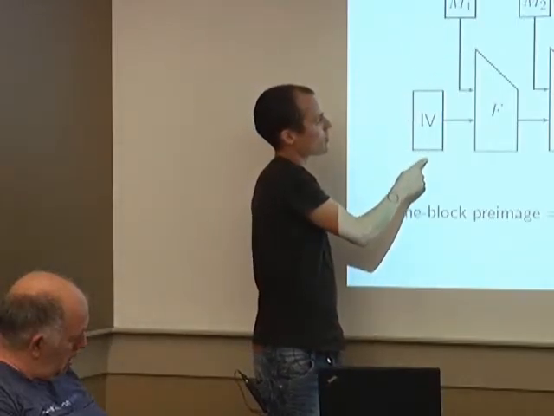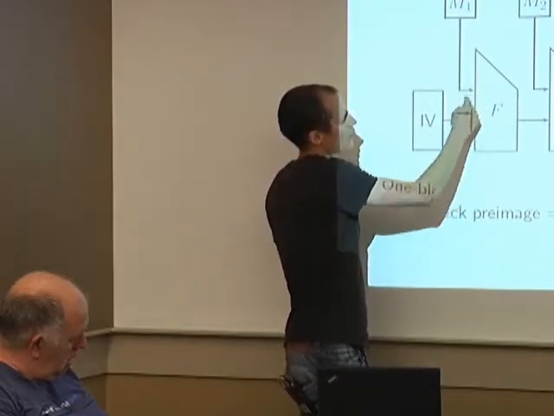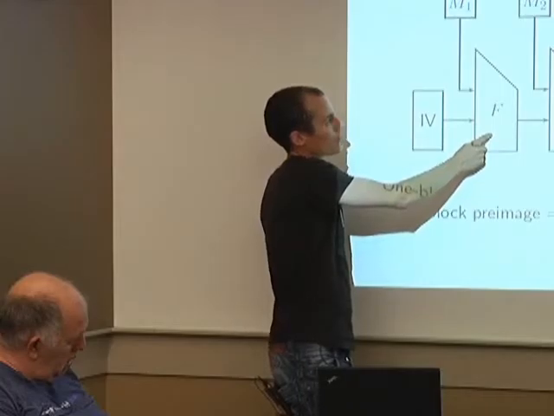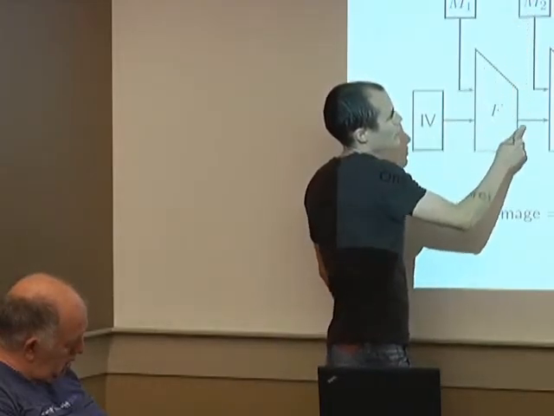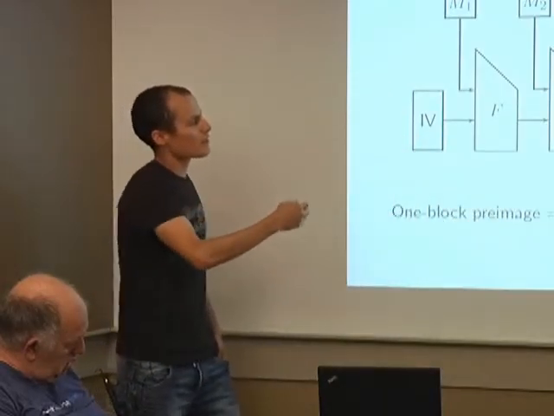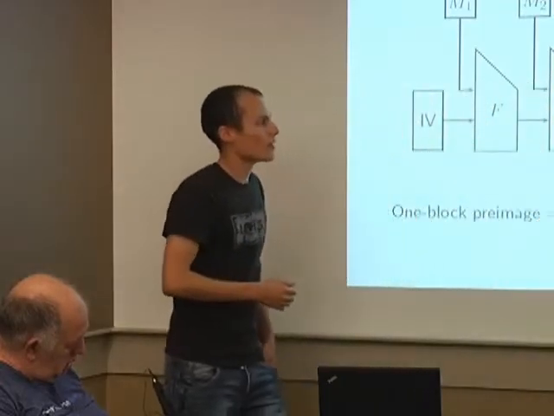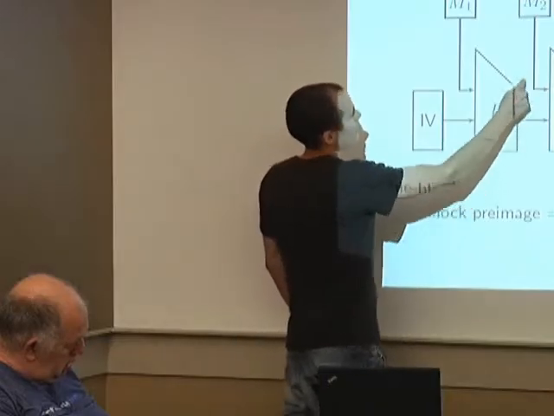You start with an initial value, and you mix it up with the first message block using this kind of function. This is called the compression function. The output of this compression function you mix up with the second message block using the same compression function. And you process it like this, and the last output is your hash value. What we will do in this talk, we will only focus on this part here.